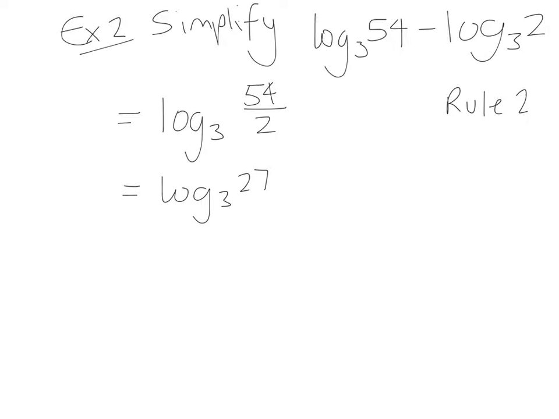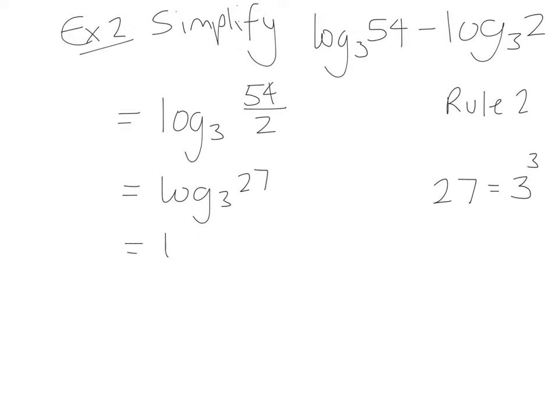And now at this stage, we're trying to think, can we take that any further? Is there anything that we can do with 27 to write it in terms of a number with a power? And again, 27 is 3 cubed. So you do need to be familiar with your square numbers and your cube numbers here.